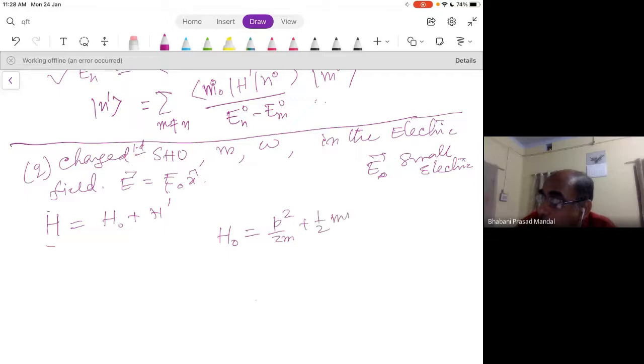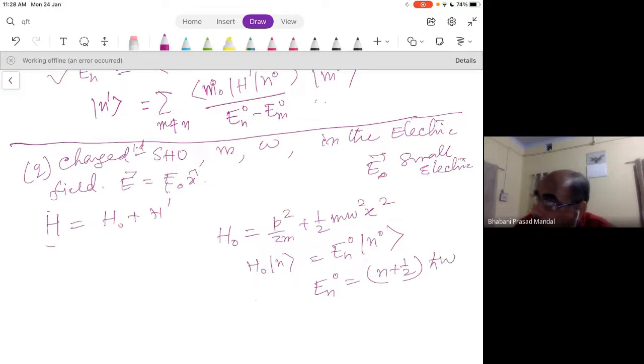Good, half m omega square x square. This is a harmonic oscillator. And we know that H0 acting on n0 gives E n0 times n0. Everybody knows that E n0 is n plus half h cut omega.